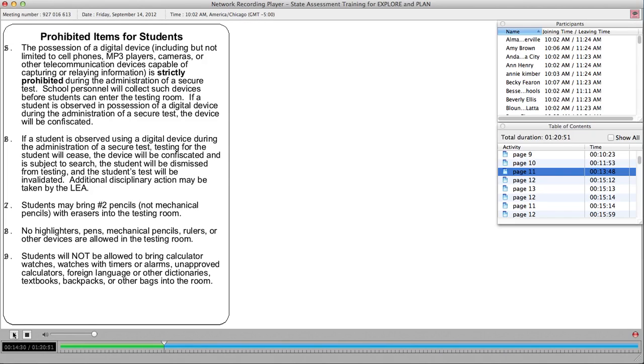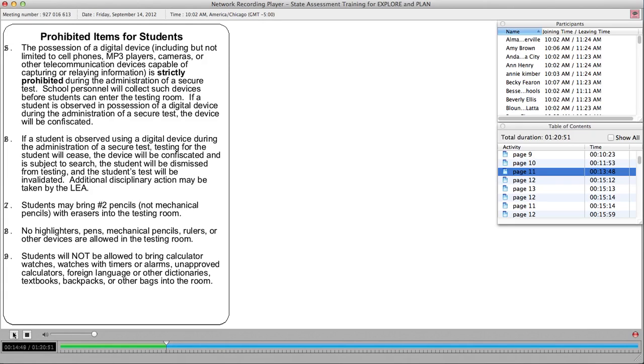However, if a student is observed in possession of a digital device during the administration of a secure test, the device must be confiscated. And then, of course, there are directions for what the room supervisor or proctor must do if a student is observed using a digital device.